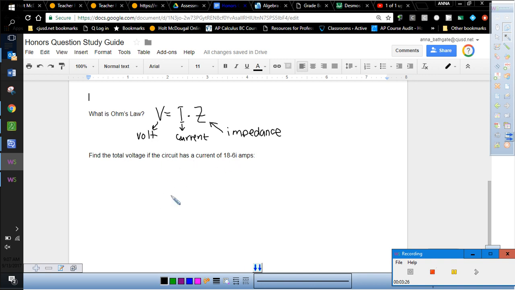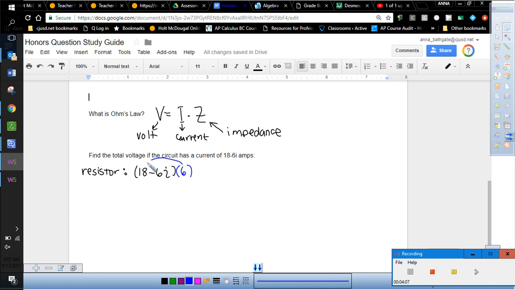There are going to be two ways to go about this. The first way I'm going to show you is with individual voltages, and afterwards I will show you a second way. I'll start with my resistor. I take the current of 18 minus 6i and multiply it by the impedance of the resistor, which was 6.